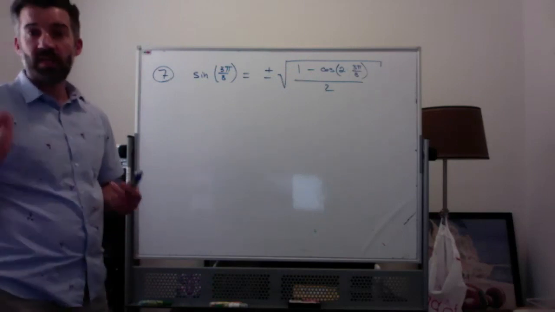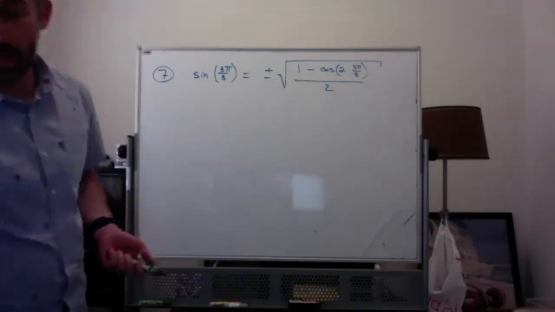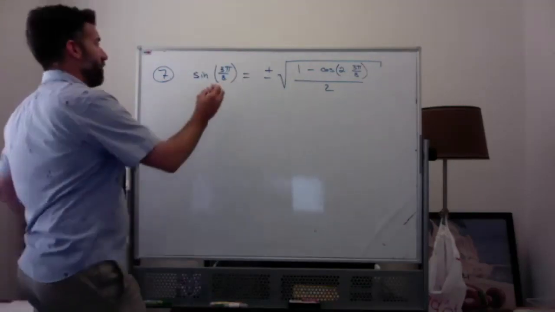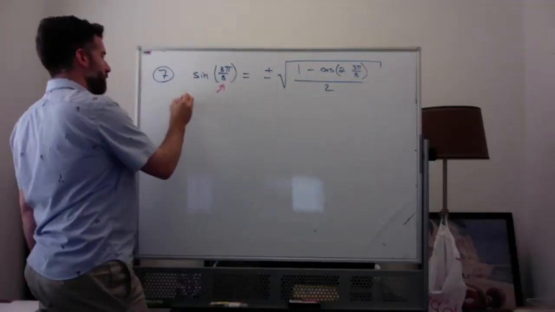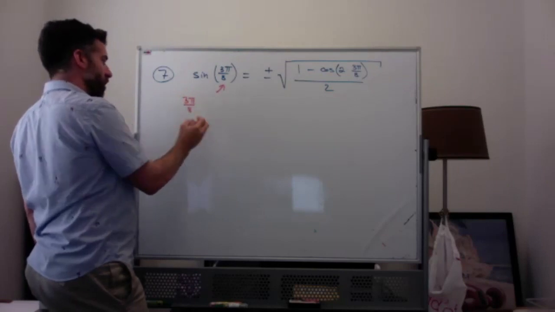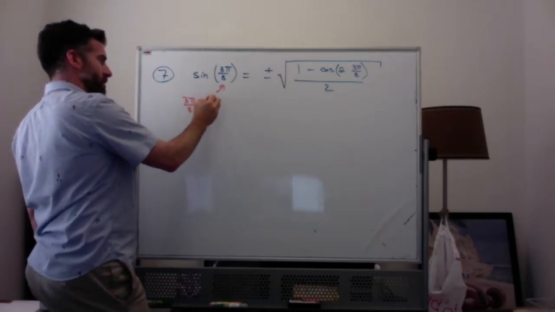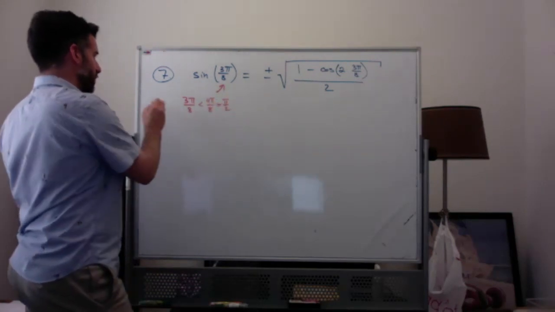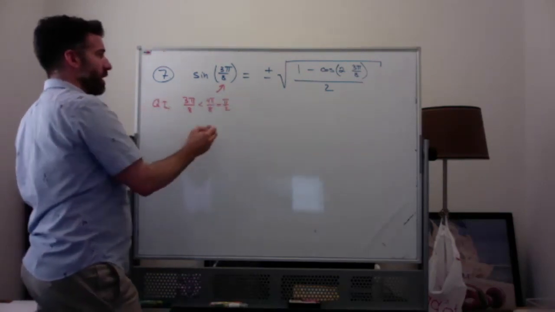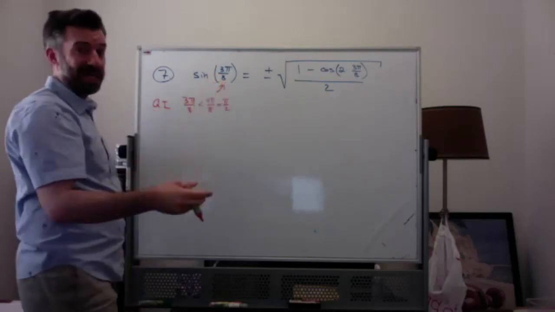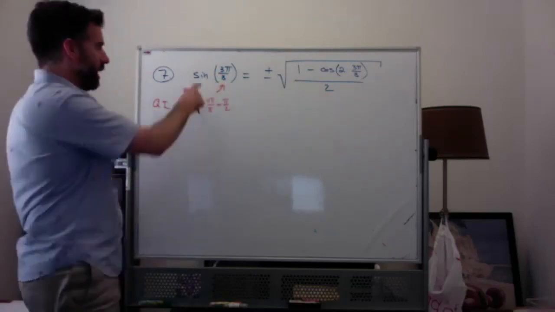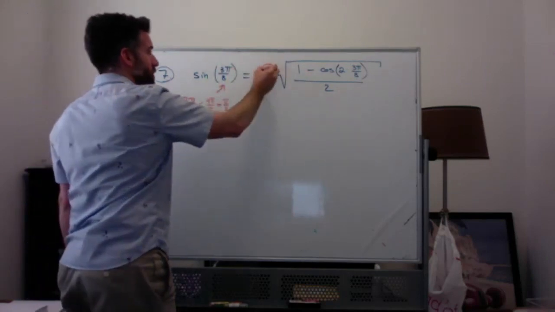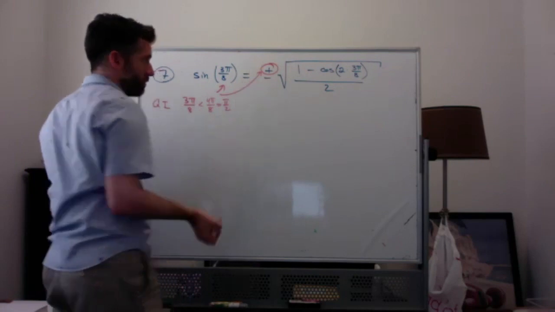So then this is where we have to decide: is it actually plus or is it actually minus? Well, 3 pi over 8 is definitely in quadrant 1. It's less than 4 pi over 8, which is pi over 2. So we're in quadrant 1, and if we're in quadrant 1, sine is positive.